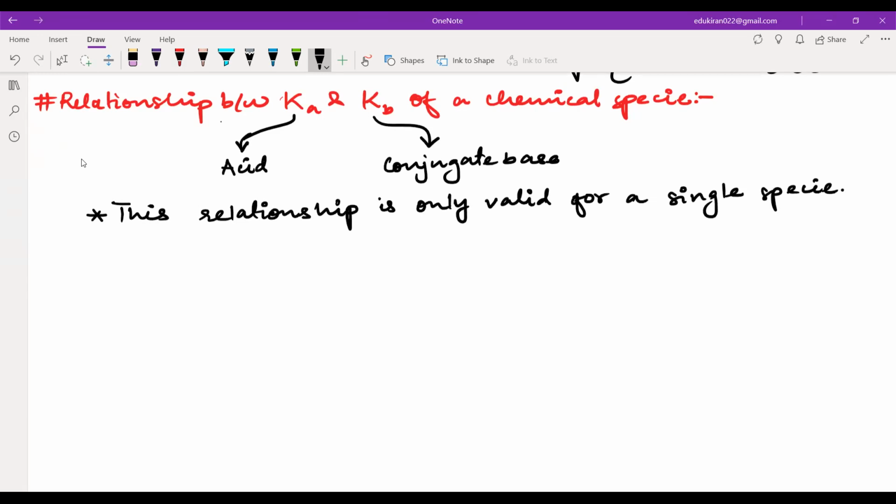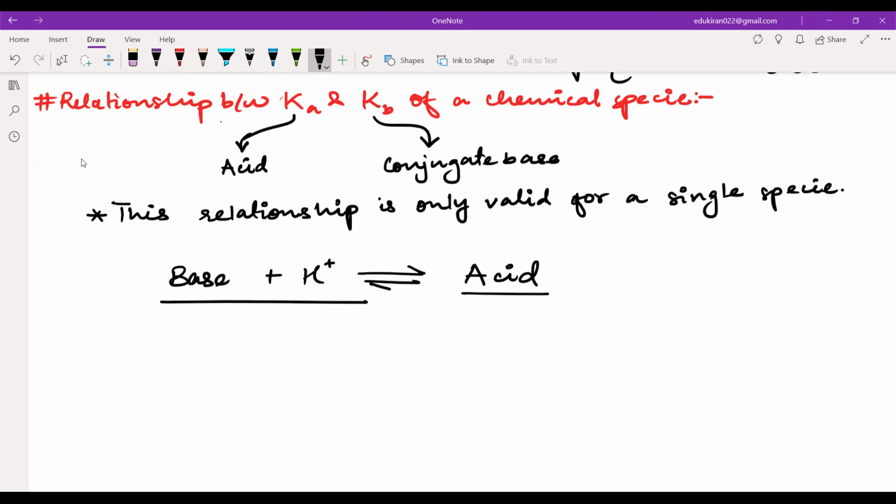So, for example, if I have a base plus H plus, right? Then it is going to give me an acid. Yes or no? Because what does the acid do? Acid dissociates into H plus and conjugate base. And the conjugate base, what does it do? It adds on H plus and gets acid.